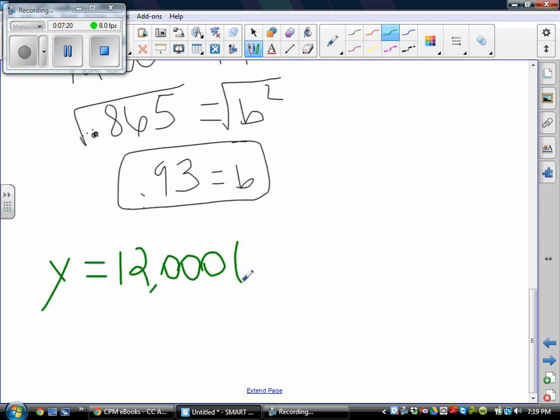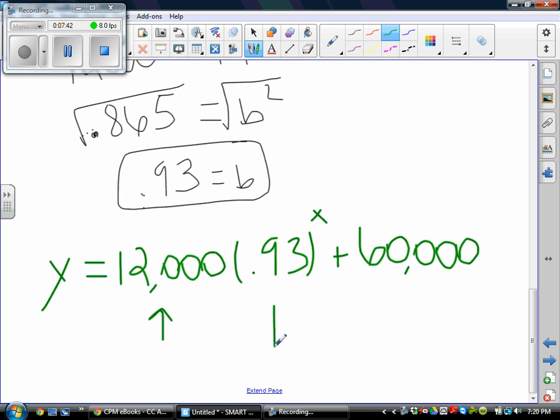That's what the starting value means, because we wrote a point of (0, 72,000). Well, we said that was from 1998. This is starting from year 0. So here we have our starting value, the a right here. This is our multiplier. It's going down. And this is our asymptote. It goes closer and closer to 60,000, but the population never goes under that. So that is our final equation.